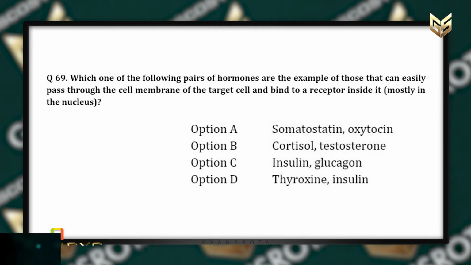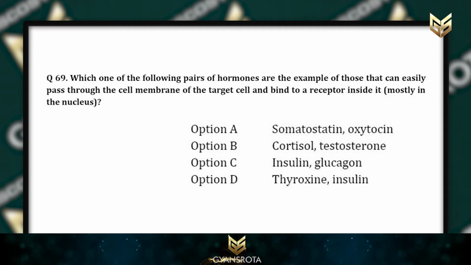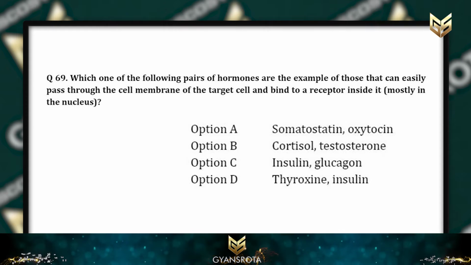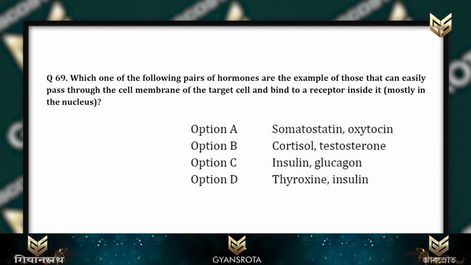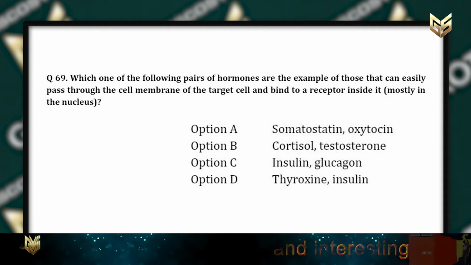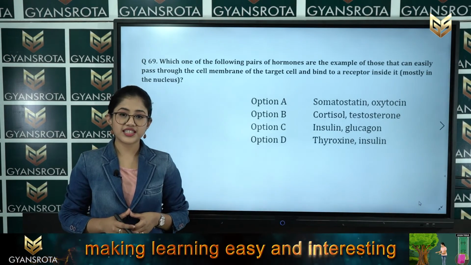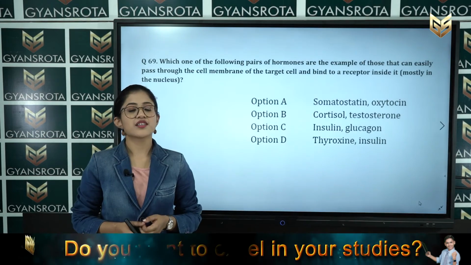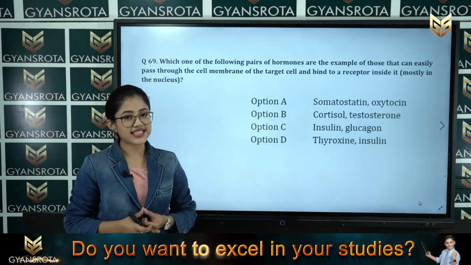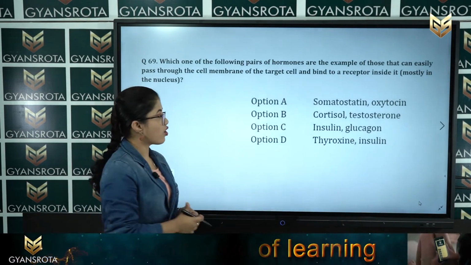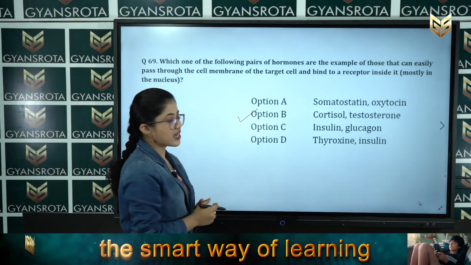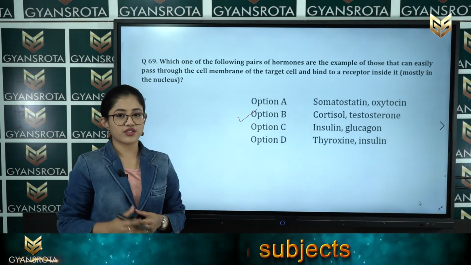Option number B, cortisol, testosterone. Option number C, insulin, glucagon, and option number D, thyroxine, insulin. This is from the chapter chemical coordination and integration. So, which of the following is the correct answer? The correct answer is option number B, which is cortisol and testosterone.